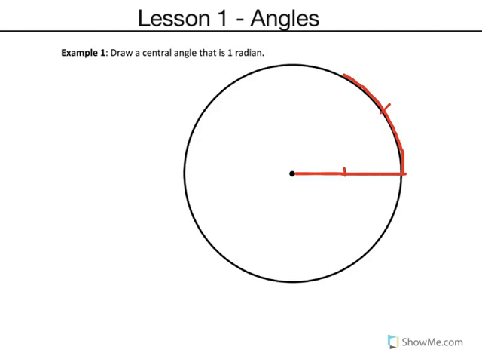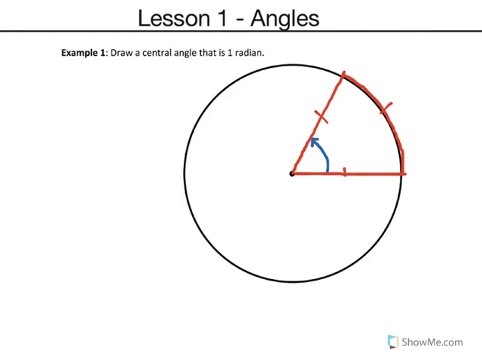So if you have an arc that's the same length, and another radius, this would be the same length. What a radian is, is this angle right here, how many degrees that is. And there's a couple of ways that we can learn it.